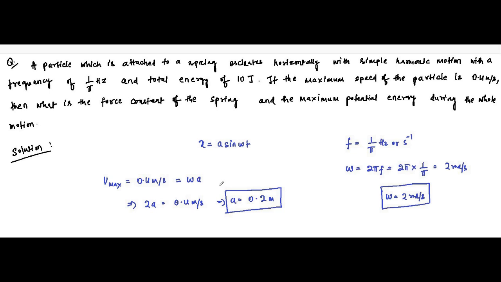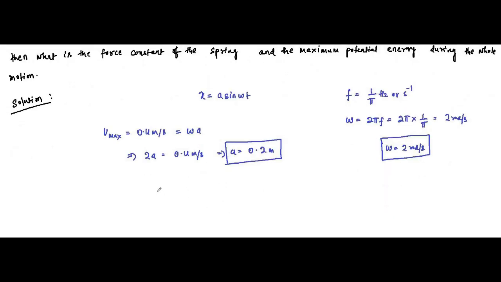Then it is given that the total energy ET is equal to how much? 10 joules. We know total energy in SHM is given by 1 by 2 K A square. A we already know, 0.2 meter. Total energy we know. So that implies 10 is equal to 1 by 2 K into 0.2 whole square.